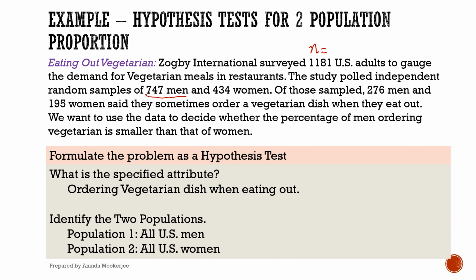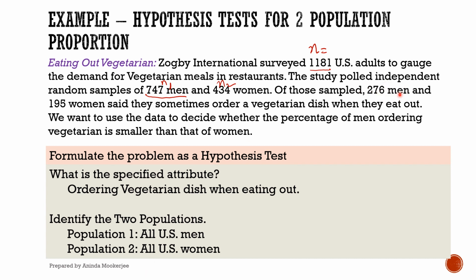So out of the 1,181 US adults that were polled, 747 were men and 434 were women. That means N1 represents 747 men and N2 is the 434 women in the survey, so that represents sample size 2.